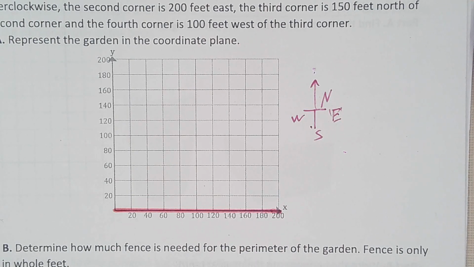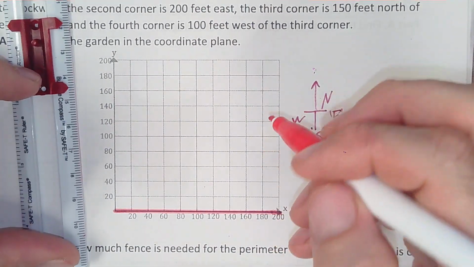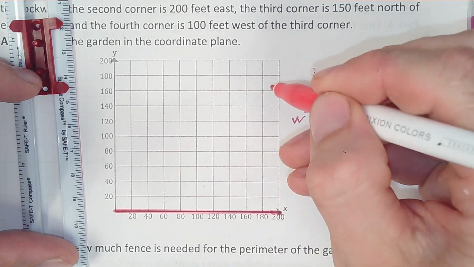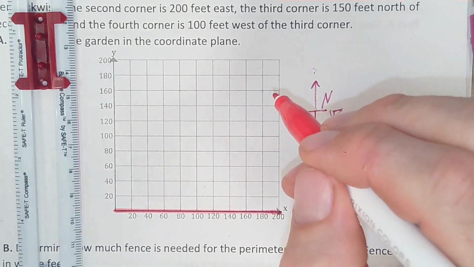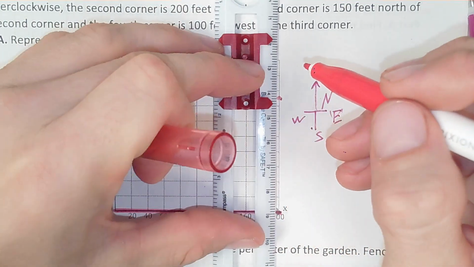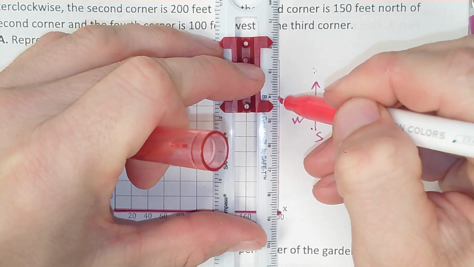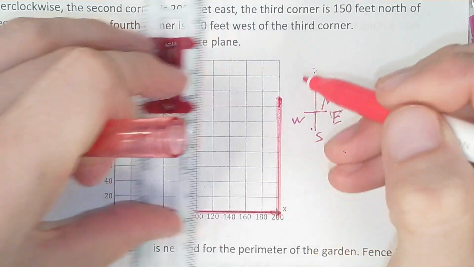Okay, then the third corner is 150 foot north. So we go from here to about there. Yeah, 150 foot north is like that.